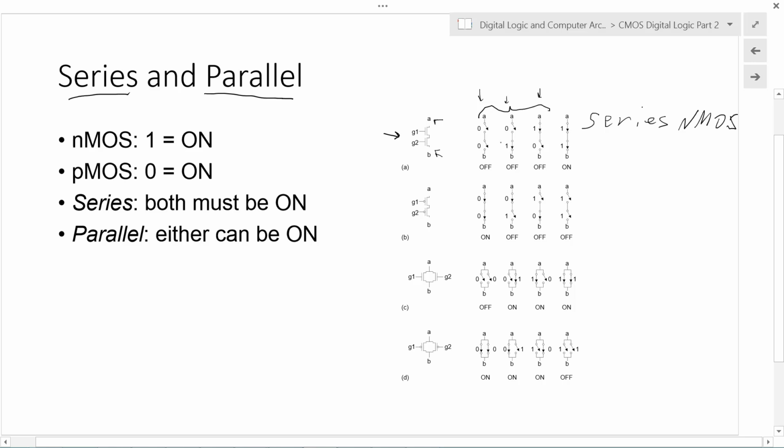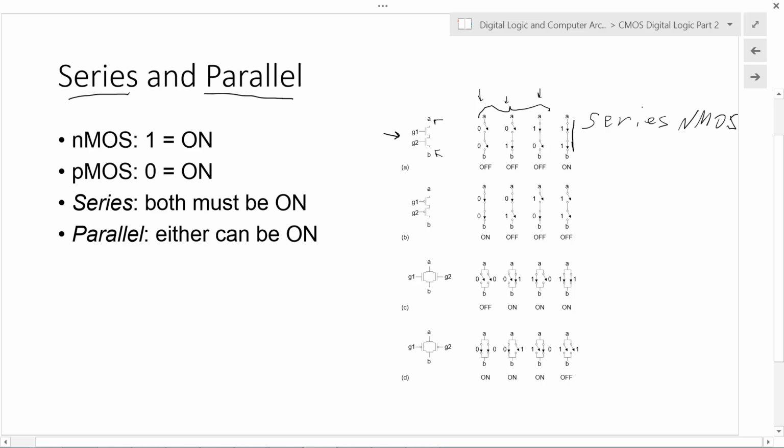So if G1 or G2 is 0, then the switch is not connected. But if it's 1, then the switch is connected. The only time A and B are connected is when G1 is equal to 1 and G2 is equal to 1 as well.